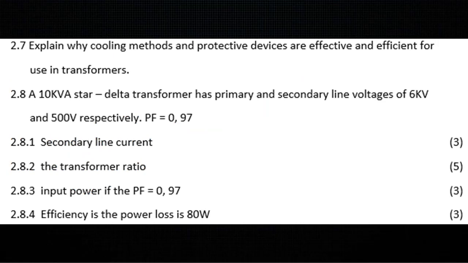2.7. Explain why cooling methods and protective devices are effective and efficient for use in transformers. The device does not overheat, life expectancy is not reduced, it isolates the supply should a fault occur, and does not cause damage as a result of a short circuit.